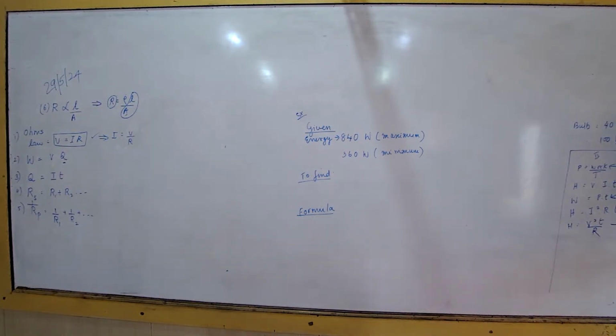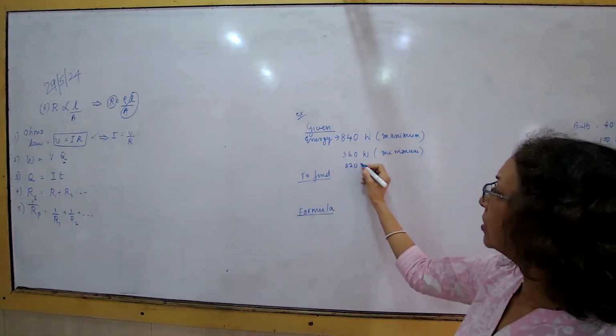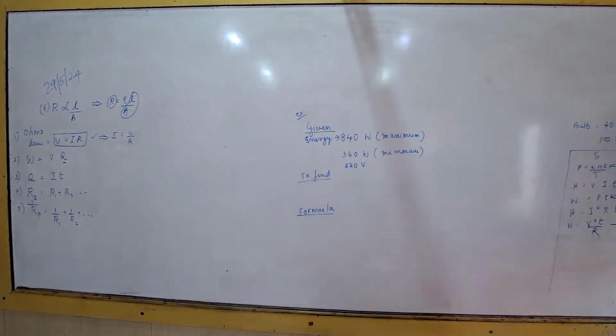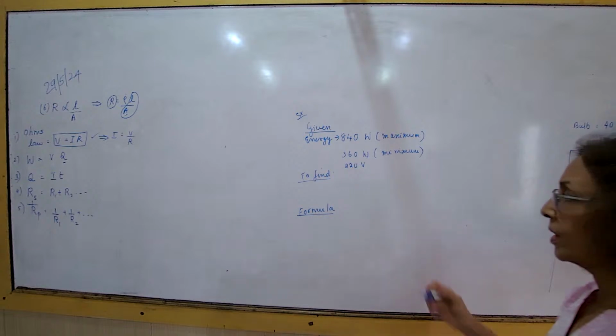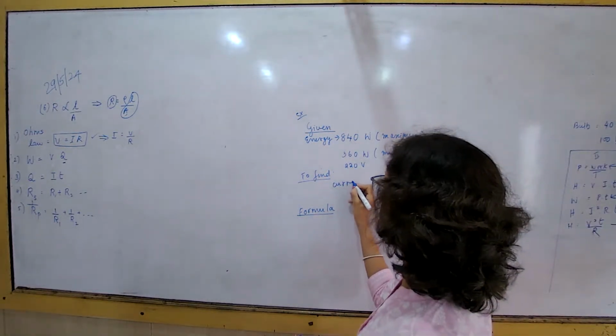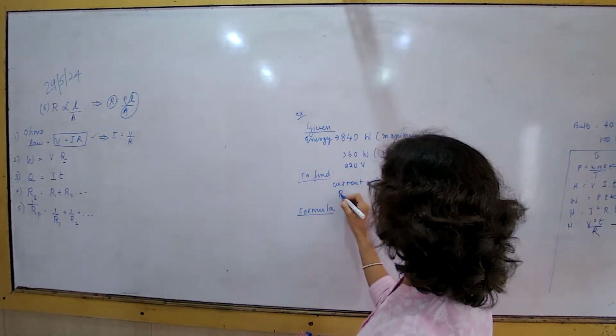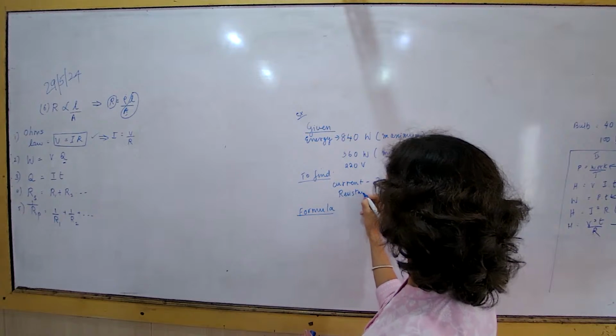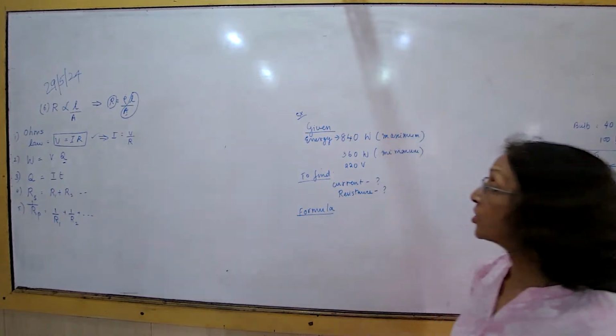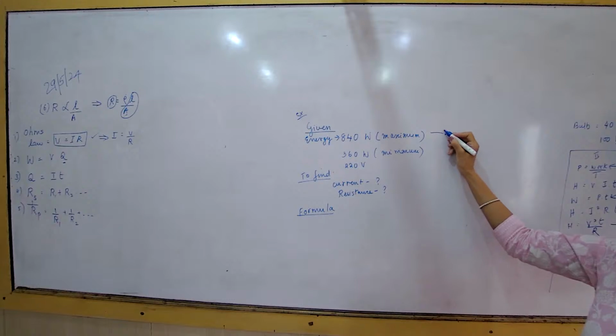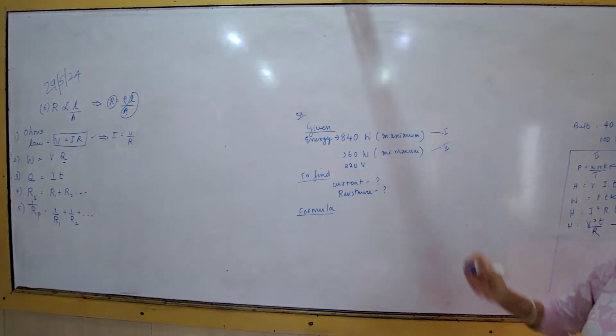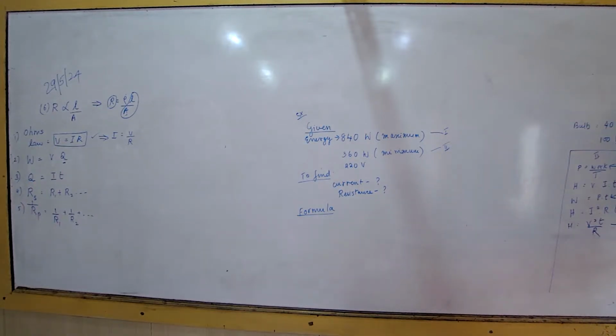The voltage which is given is 220 volts. What are the current and the resistance in each case? I have to find out the current and resistance in each case, so there is case number 1 and case number 2.